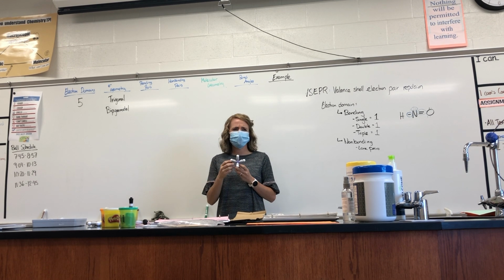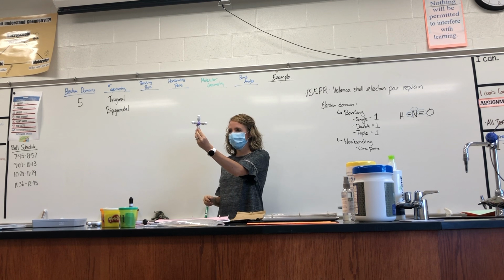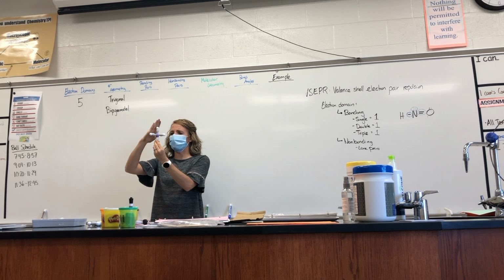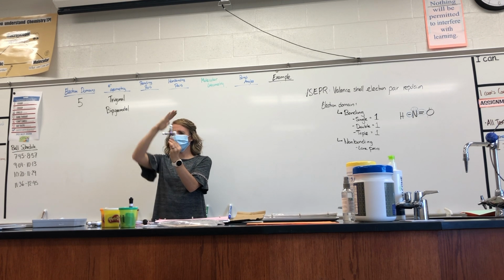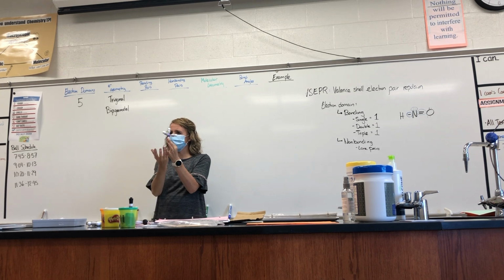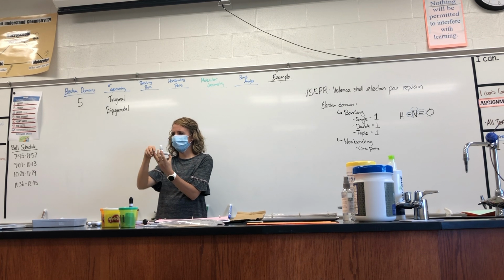What does bi mean? 2. So we have two three-sided pyramids. In a sense, if you think of putting walls on the side of it, you'd end up with two pyramids stacked on top of each other. Does everyone see that? So, trigonal bipyramidal.